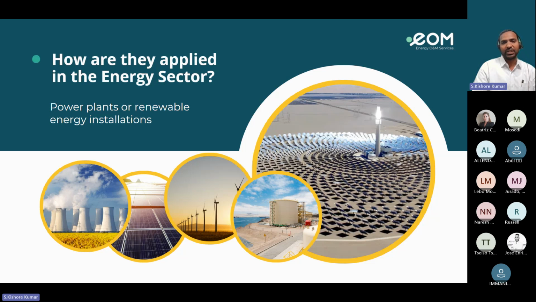This is where operational checklists and instructions come in. In energy operations such as power plants or renewable energy installations, checklists ensure daily maintenance tasks are completed accurately. They also guide operators during inspections, equipment troubleshooting, and performance checks.